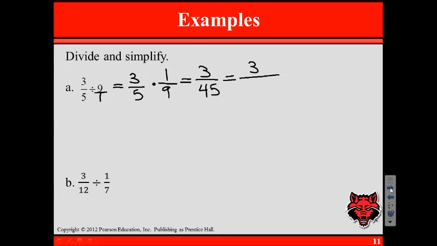The prime factorization for 45 is 3 times 3 times 5. I know I've said it a lot, but you can make a factor tree and find that rather quickly. We have 2 3's that are in common, so we cancel those 3's. Since the entire numerator canceled, we put a 1 as the placeholder. In the denominator, we have 3 times 5, which is 15.